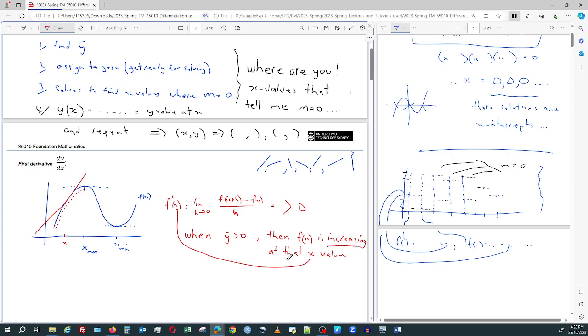So the derivative tells us quite a bit about the curve even after we did this other stuff. So this other stuff was f dash of x equals 0. Here f dash of x is equal to some value. What happens when it's positive or negative?